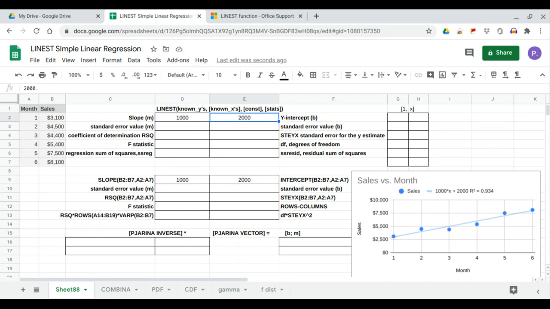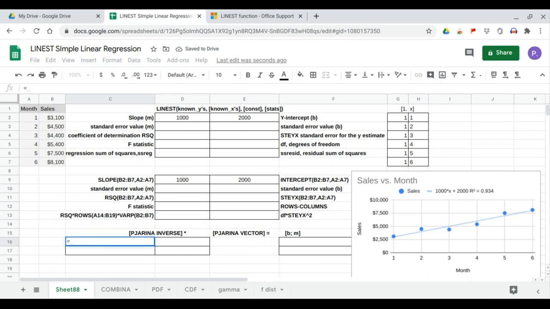We can use the matrix solution. First, we fill up the 1 comma x matrix. So 1 and the x values. And then we enter the pseudo inverse.